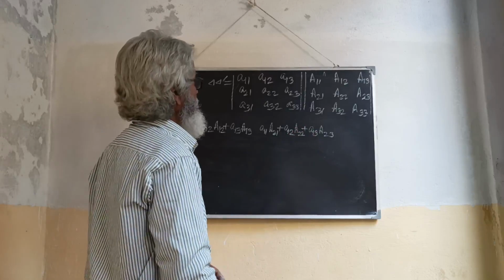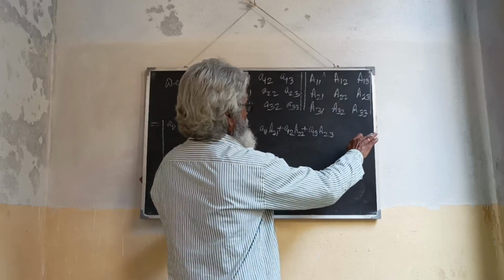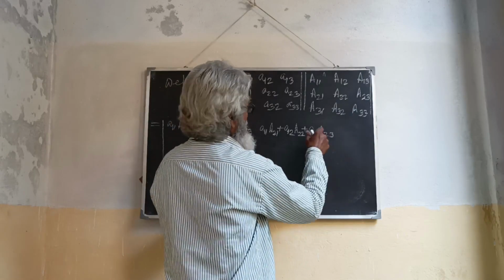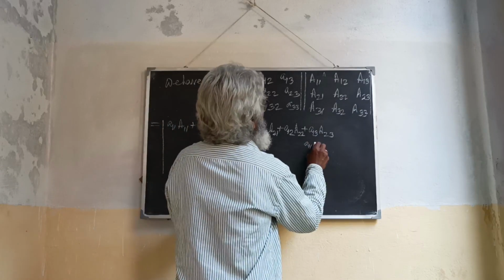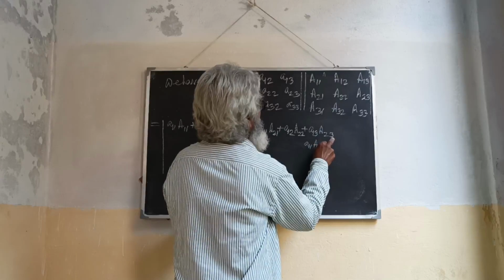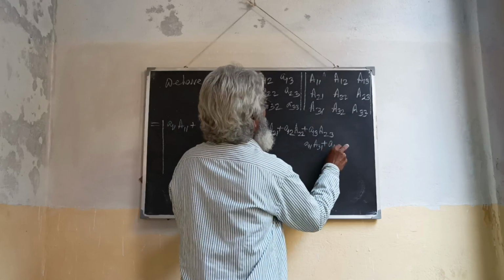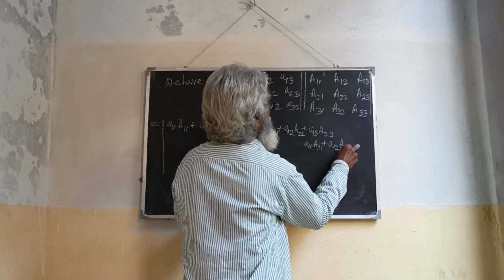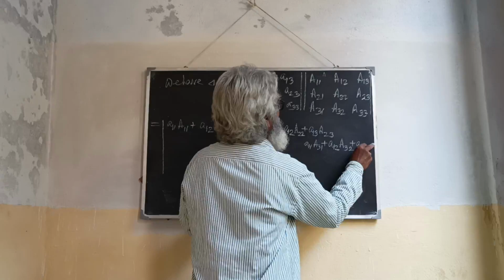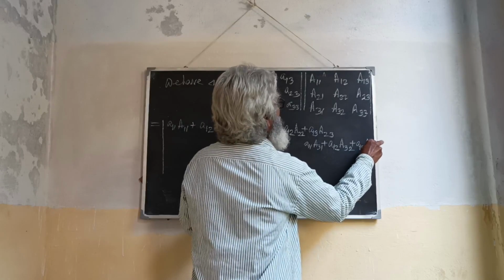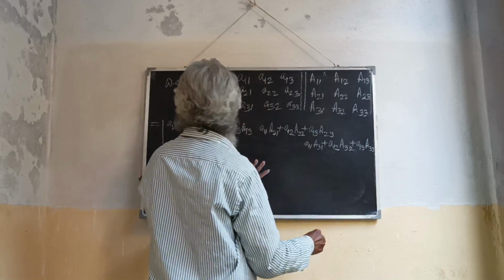This is the second element, and the third element will be, here the space is very small, so I write it here: A11 A31 plus A12 A32 plus A13 A33. Complete the determinant sign.